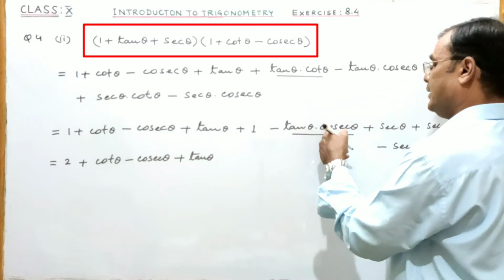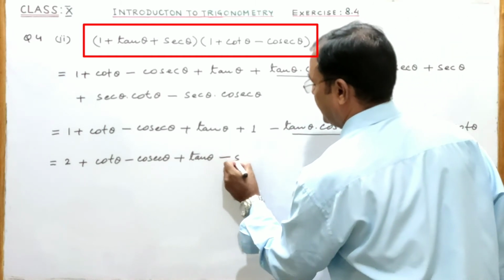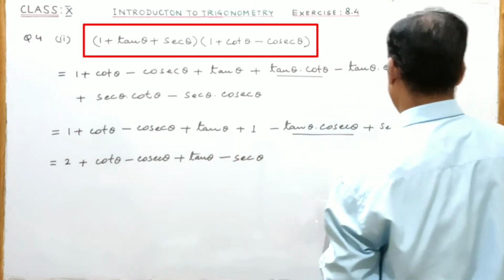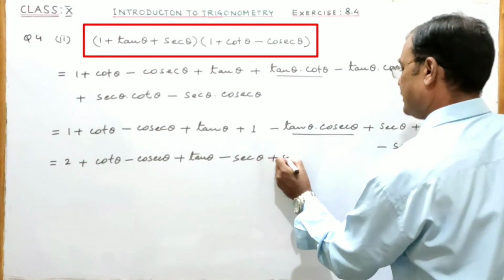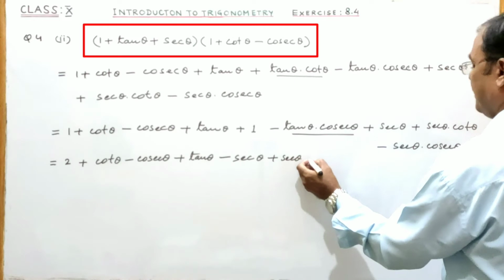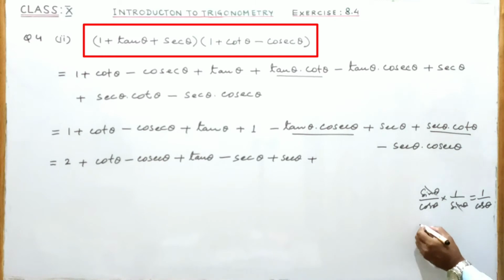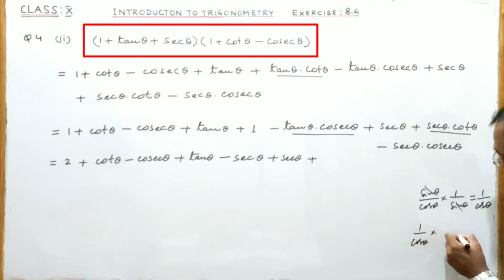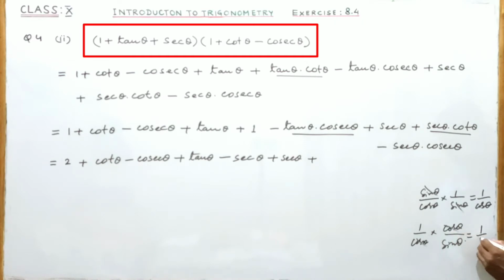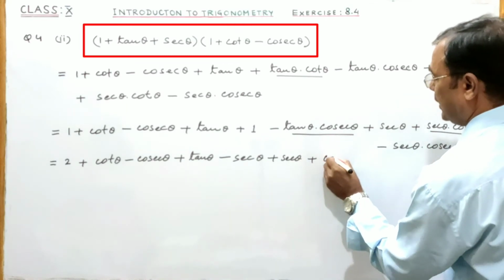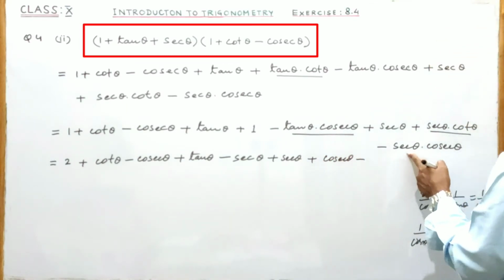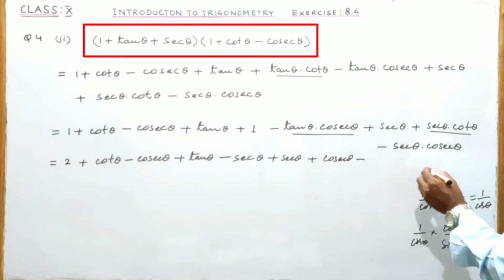So we can write tan theta into cosec theta minus sec theta, plus sec theta plus sec theta into cot theta. This you can write 1 by cos theta into cot theta. You can write cos theta by sin theta, cos cancels, 1 by sin theta. 1 by sin theta you can write cosec theta. So plus cosec theta minus sec theta into cosec theta.